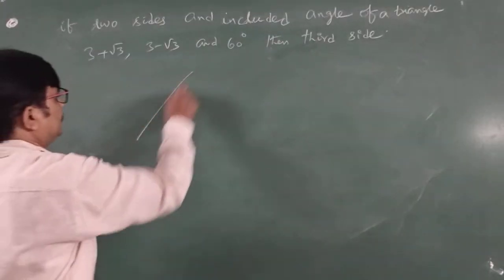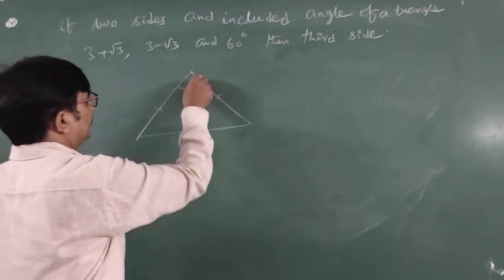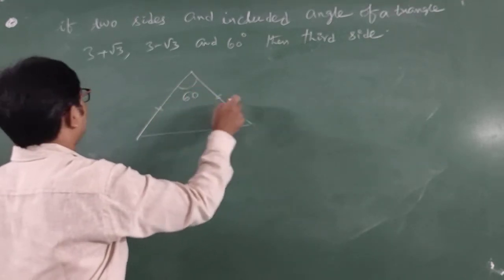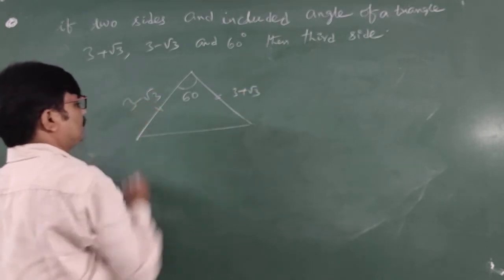So dear students, what we observe here, the angle given is 60 degrees. This side is 3 plus root 3, this side is 3 minus root 3.